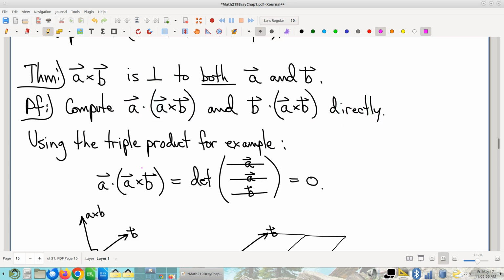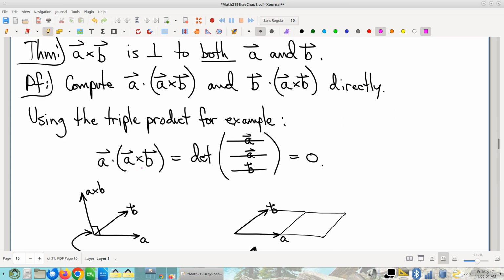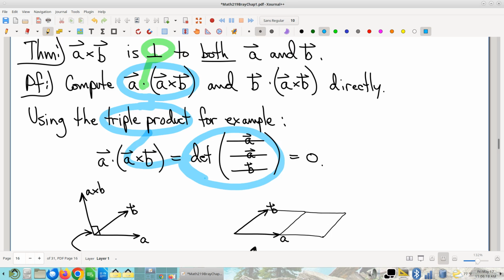So now let me show you the better proof, what I think is a better proof. And that is to realize, we're going to start off the same way, that orthogonality is determined by dot products. Then notice that this specific dot product is a triple product. Triple products are determinants.